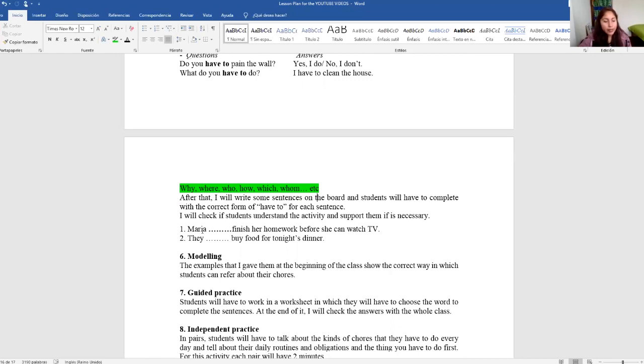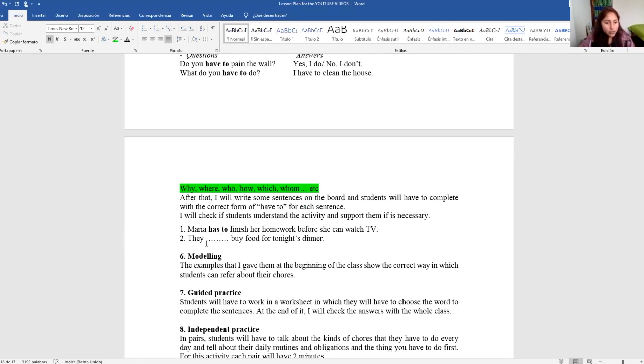The first, Maria finish her homework before she can watch TV. In this case, for Maria we have to use has to. Maria has to finish her homework before she can watch TV.